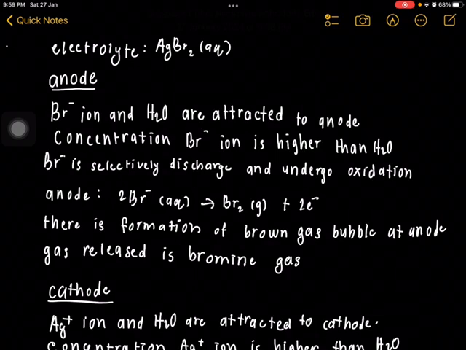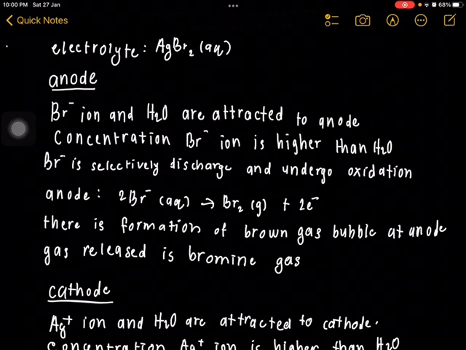Okay, for the second part, the question asks us to predict the product at both terminals. So first, we need to identify the electrolyte, which is concentrated. So the electrolyte has water, which is H2O, and also ions.